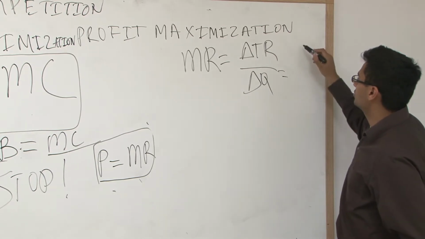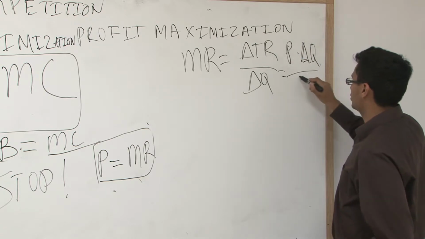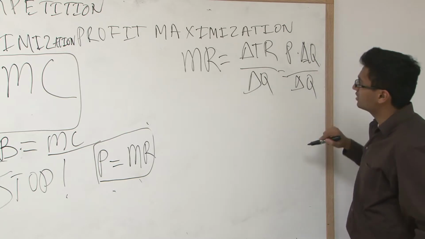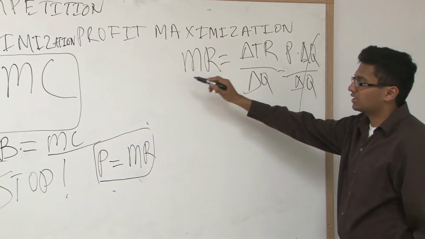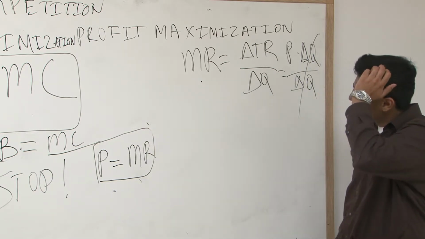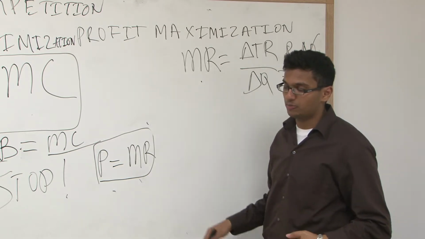Delta TR is just the change in quantity times price. Over the change in quantity, if these two are the same, MR is equal to P. That's why we have this property in perfectly competitive markets. That's why P equals MR.